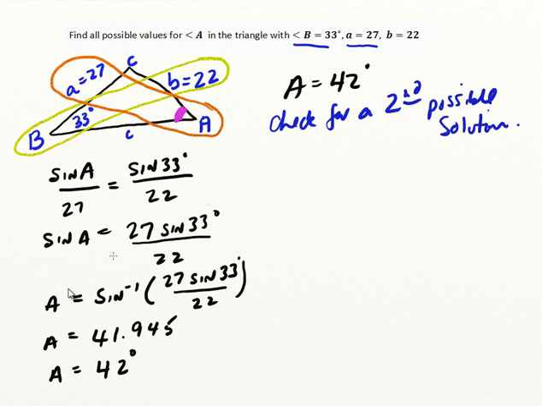And how do we do that? Well, all we're going to do is take 180 degrees and subtract that 42 that we just solved. And that gives me a possible answer.